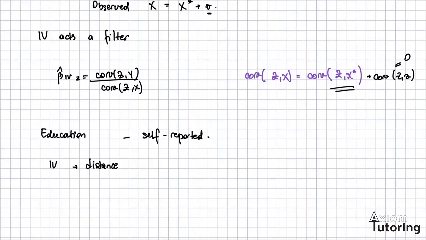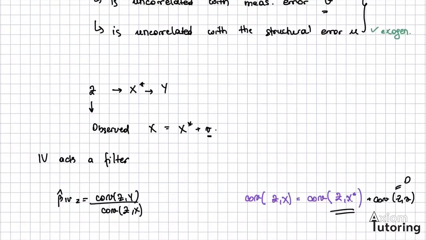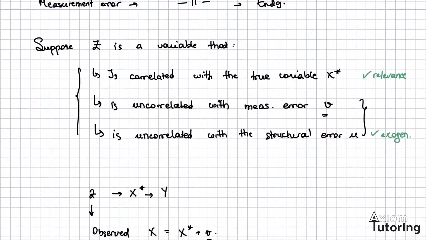There is a caveat, however. It will only work if the instrument is valid. So clearly all of these three conditions that I've mentioned here need to be satisfied, which is exactly the same condition that we studied in the IV arc. So the fix works, but it requires a good instrument.